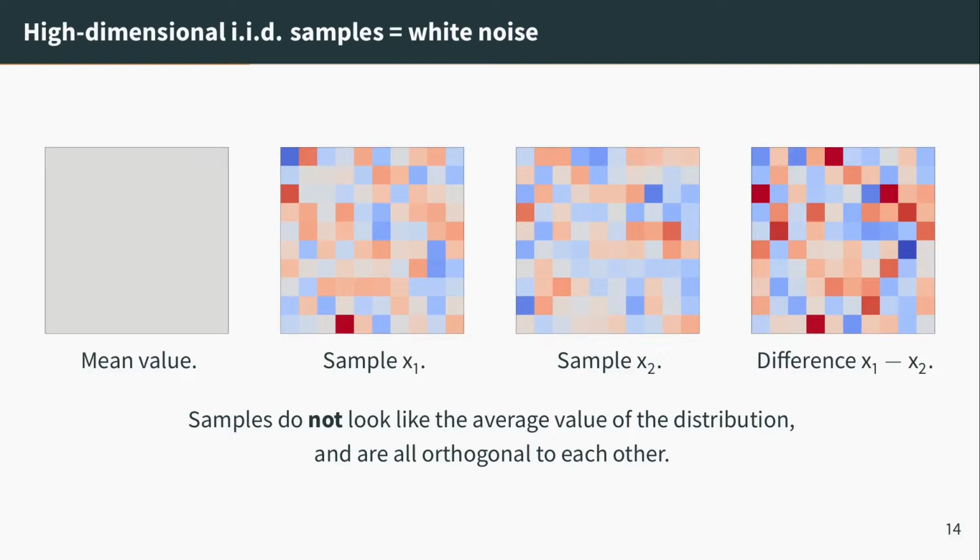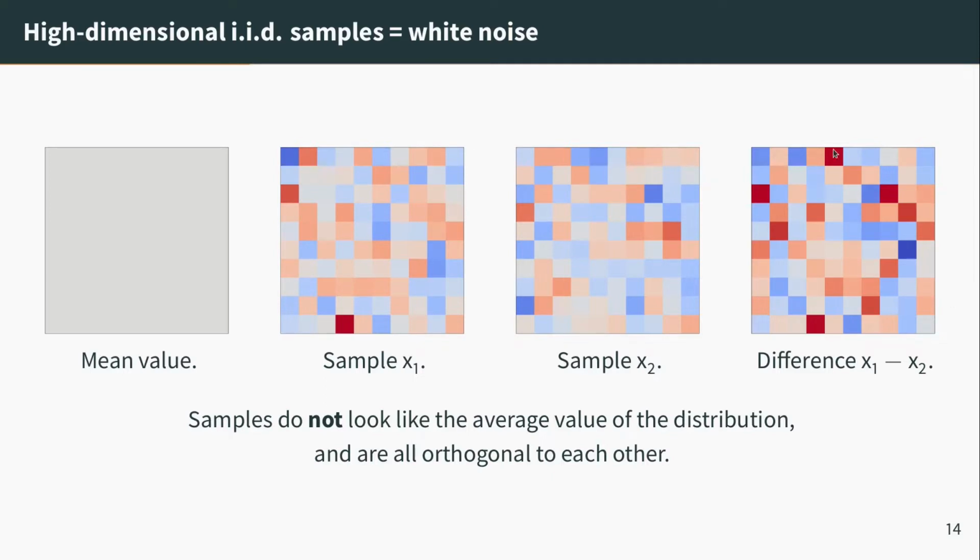So white noise. Here I'm just showing you samples of a completely normal distribution in dimension 100, and I'm displaying them as 10 by 10 images.